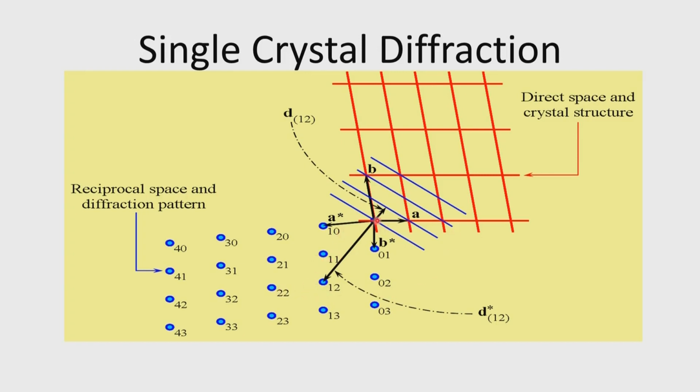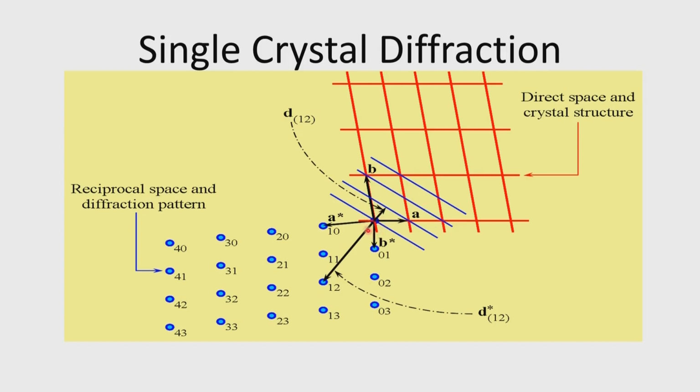This 2 4 is not shown here, but we can show the other example, which essentially tells us that if you take this point 0 0 0 and go along this direction by 1 unit, then you will have the 1 0 A star coming up here, and the B direction will represent B star. It depends upon the angle gamma between A and B. The value of gamma decides the angle between A star and B star.